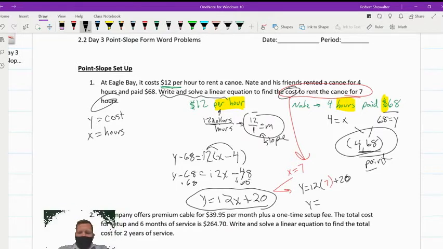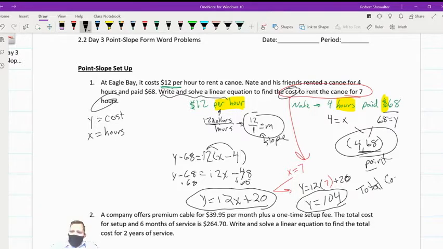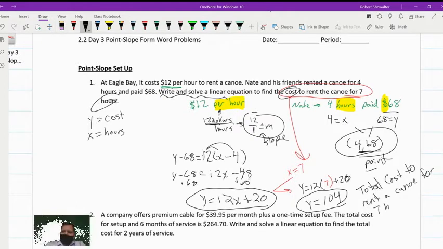So we get 84 plus 20, which will be 104. We get y is 104, and that means our total cost to rent a canoe for 7 hours is $104.